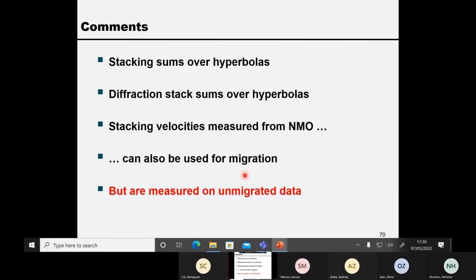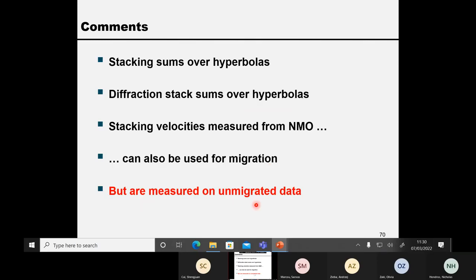In NMO, h is half the distance between source and receiver point. But for migration, h is actually the subsurface point shift from a CMP point. However, they have an identical mathematical equation, so we can use the velocity, right?